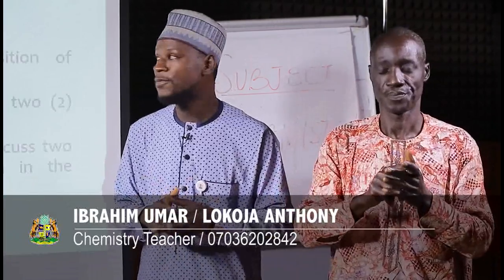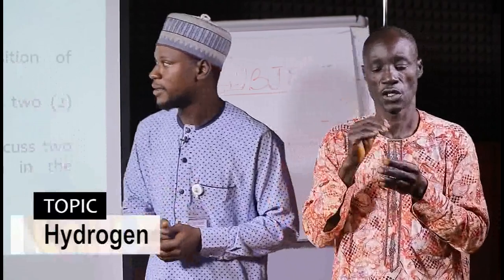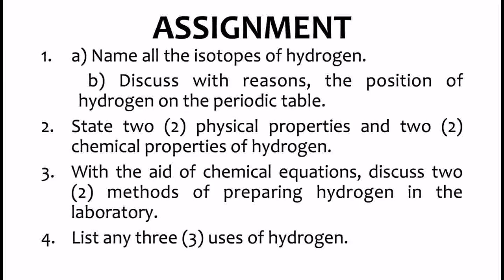Having said that, we come to the end of the lesson, but I'll give you assignments to solve at home so that you test your understanding. Question 1A. Name all the isotopes of hydrogen. 1B. Discuss with reasons the position of hydrogen on the periodic table.